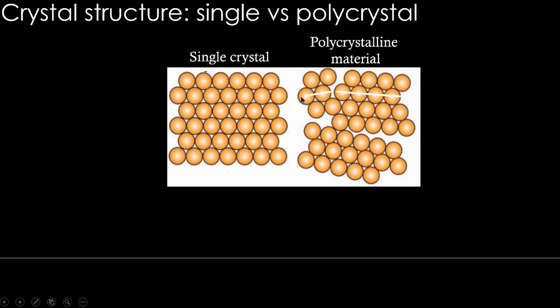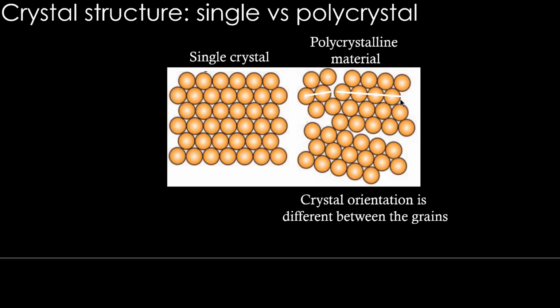If you follow a particular direction, it changes its orientation from one grain to the other grain. You can imagine this as the grain boundary. This is one grain, this is another grain. So between the grains, there is a change in the orientation. So crystal orientation is different between the grains. That's the difference between different grains, if everything is one single phase, of course. So this is a polycrystalline material.